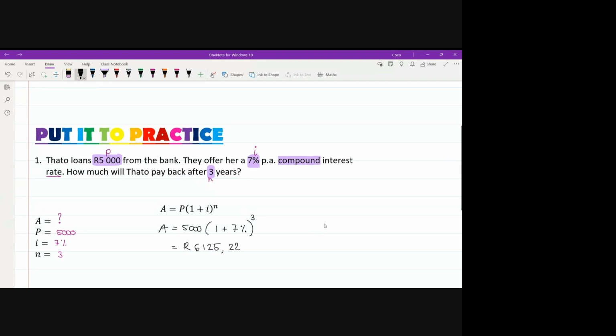Now, I just want to show you guys something. If we take this exact calculation and we do it on simple interest, which was 1 plus I times N, if we put this exact amount for the exact same number of years, 1 plus 7% times 3. Let's put that into our calculator and get an answer quickly.